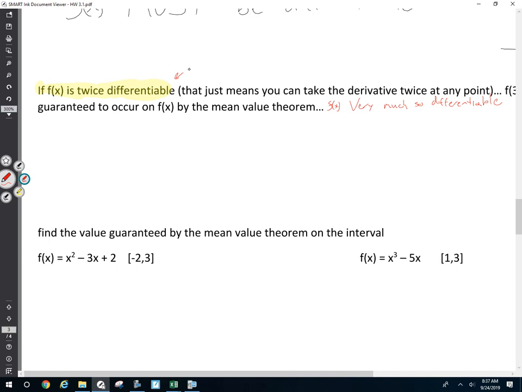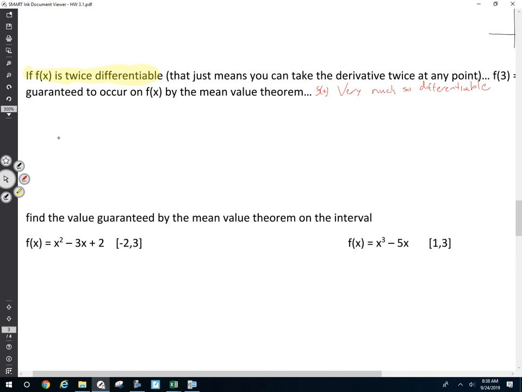It's not the second derivative. It just means the derivative can be taken twice. It should not confuse you.